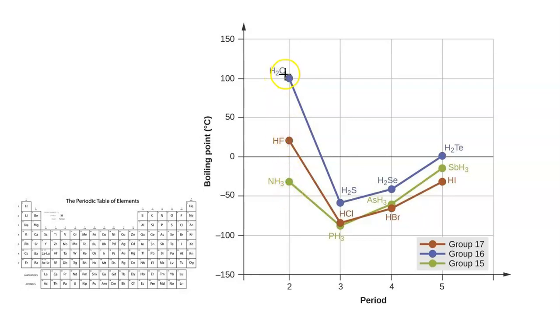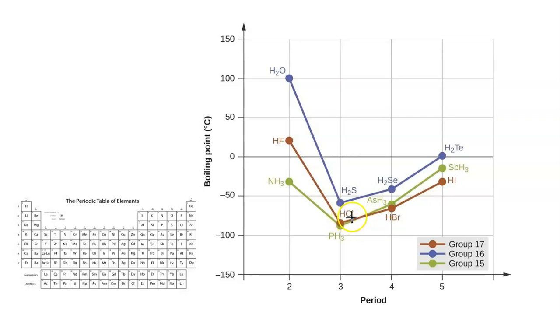That's why we see such a higher boiling point, which represents higher intermolecular forces compared to the other ones here. One thing I want to point out as well: if you look at the trend between HCl, HBr, and HI, this goes opposite to what you would expect for a dipole moment. HCl has a stronger dipole moment.